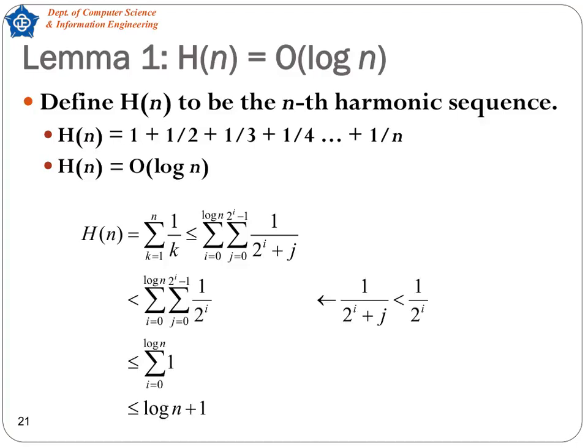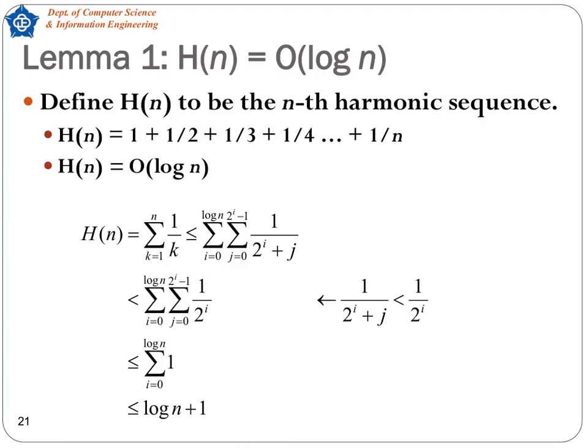Building on our previous regrouping idea, let's restate lemma 1. The nth harmonic number H(n) grows on the order of log n. We define H(n) as the sum of reciprocals from 1 up to 1/n. To show that H(n) equals O(log n), we partition these terms into blocks indexed by powers of 2.